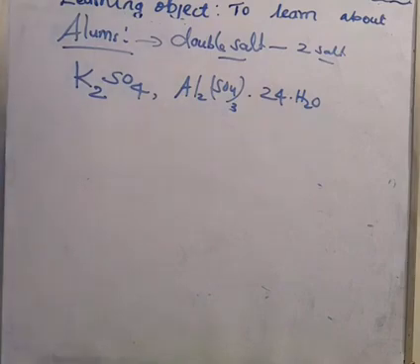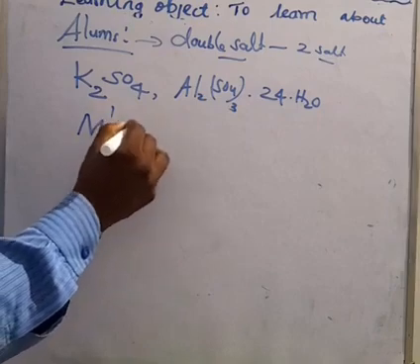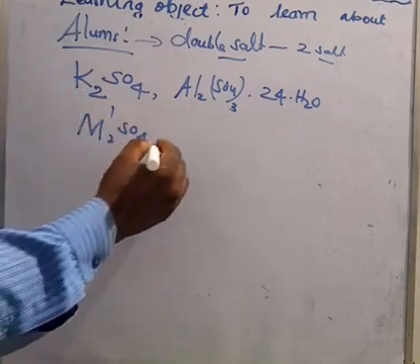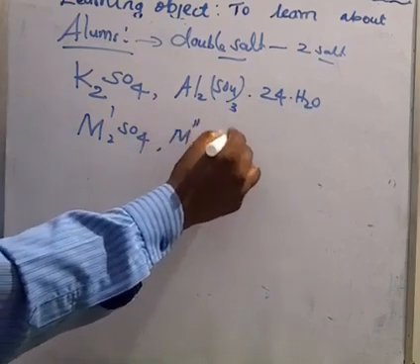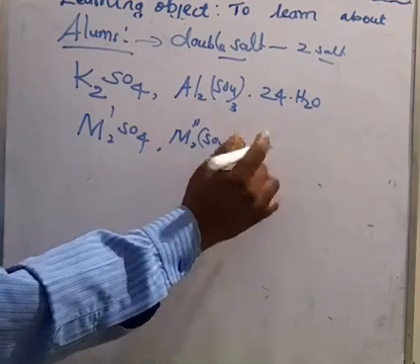We call this potassium alum. Nowadays, it is used for all double salts with the general formula M'2SO4, M''2(SO4)3, 24 H2O. What is this M'?